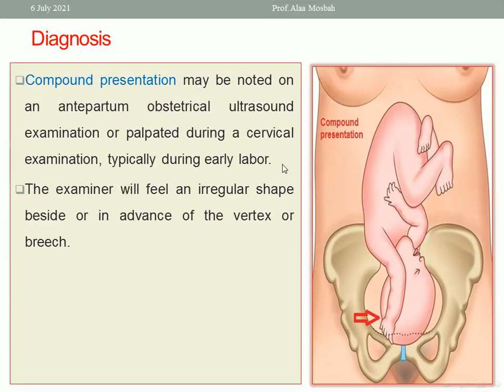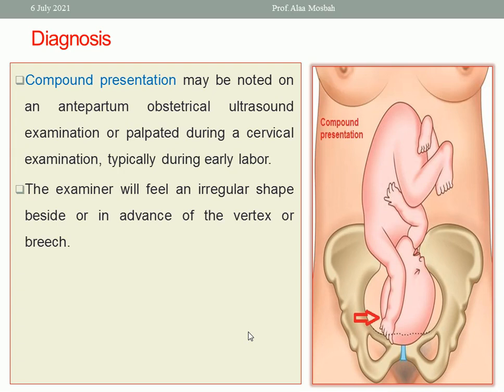How to diagnose compound presentation? During antepartum obstetric ultrasound, you can discover it accidentally, okay? Or it is palpated during cervical examination, typically during early labor.